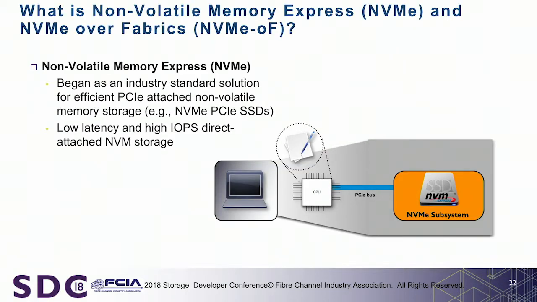So a little bit on NVMe. People are probably all familiar with NVMe in this room, but I'll go through a quick deck here on that. NVMe started as an industry standard for PCI, basically designed to attach to PCI Express. And of course, it was designed for SSDs, meaning you want low latency and high IOPS.